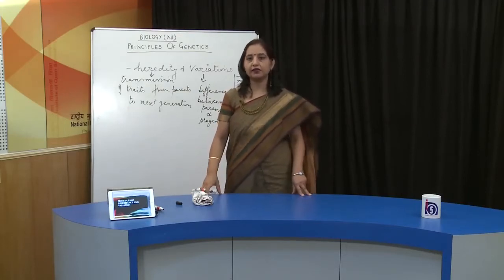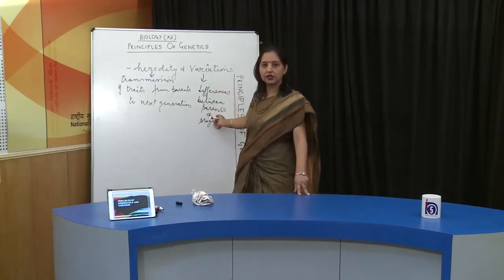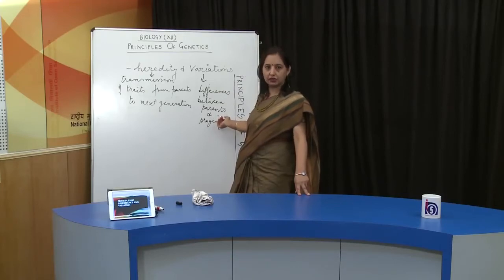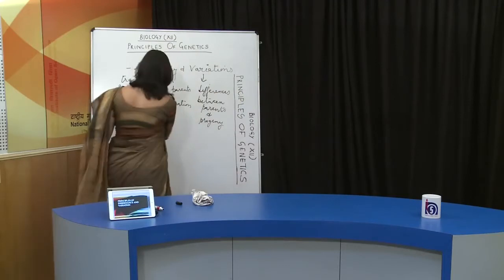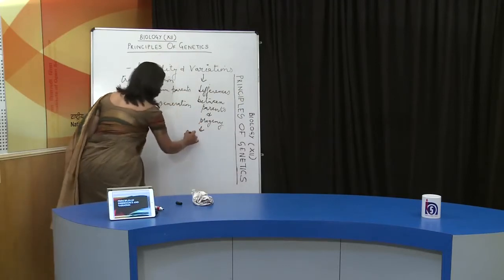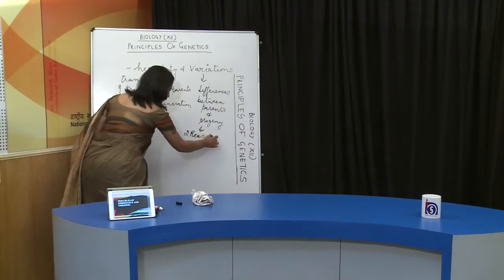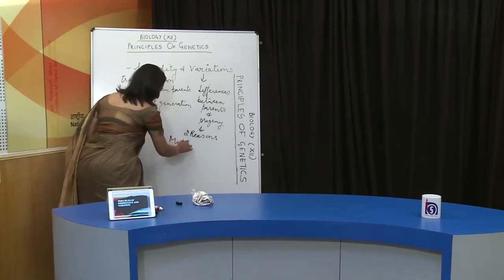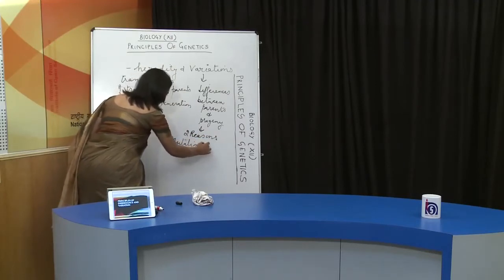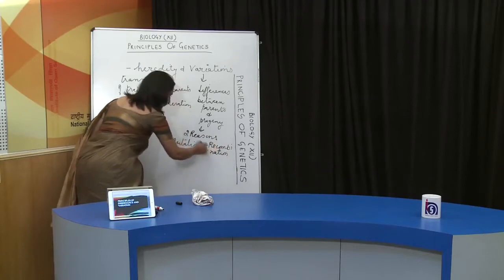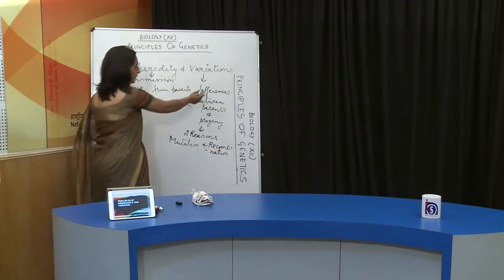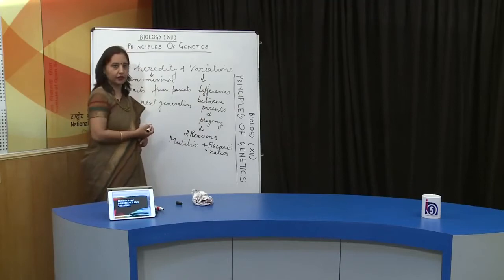Now, what is the reason for the development of these variations or differences? How do they arise? What is the factor which controls it? The variations arise due to two reasons. There are two reasons for the differences which are found in the next generation.